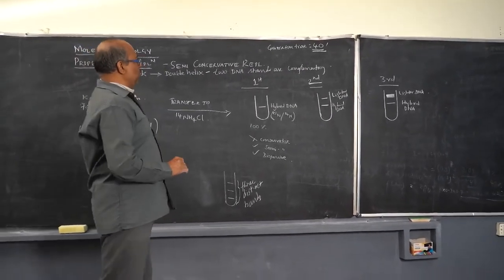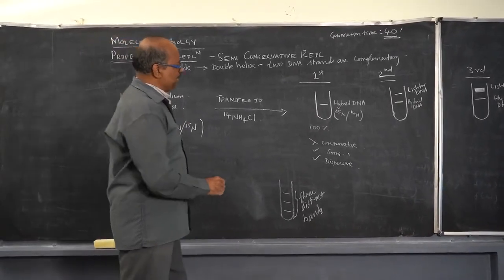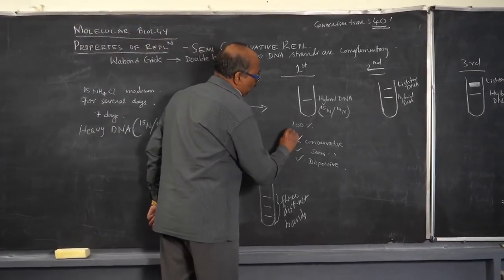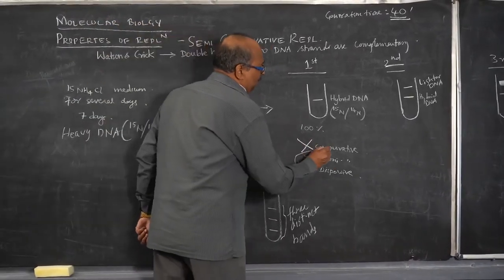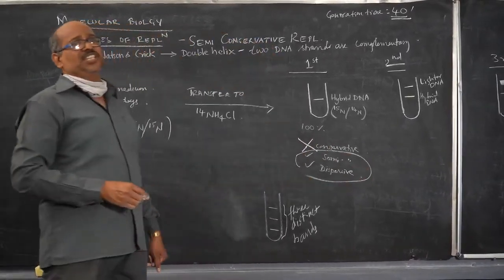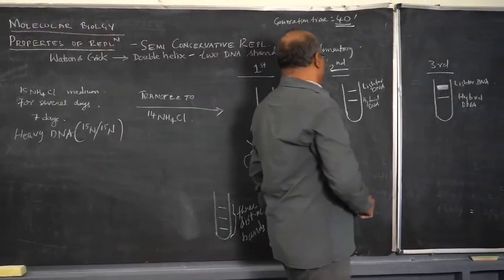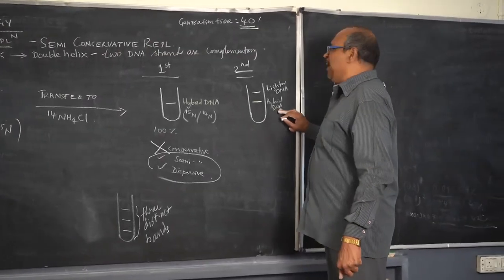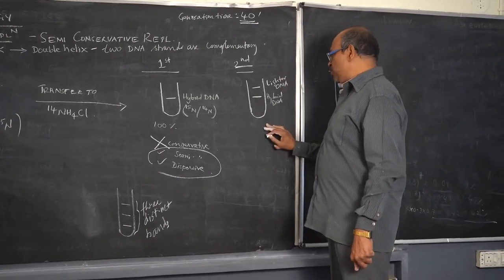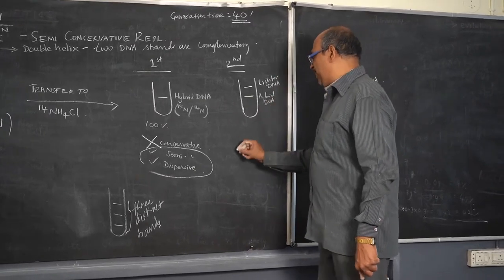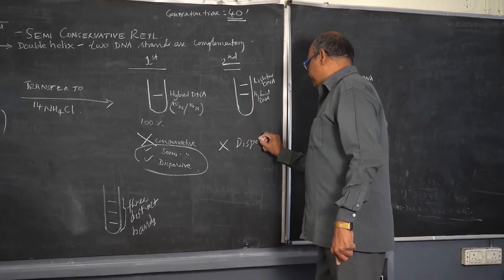Now, how can we conclude what kind of replication from the second generation? In the first generation we said replication cannot be conservative, but it can be semi-conservative or dispersive because it is giving hybrid DNA. In the second generation, we are not only getting the hybrid DNA, we are also getting a lighter DNA. Because we are not getting only hybrid DNA, this rules out the dispersive mechanism.